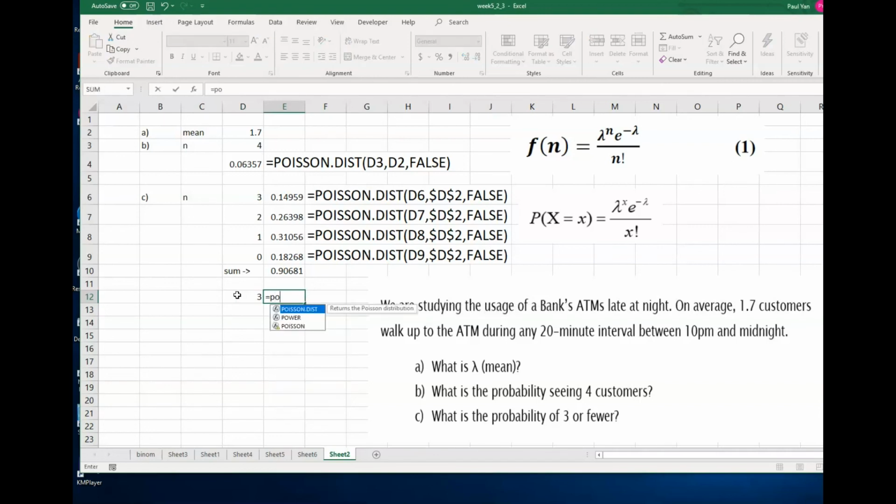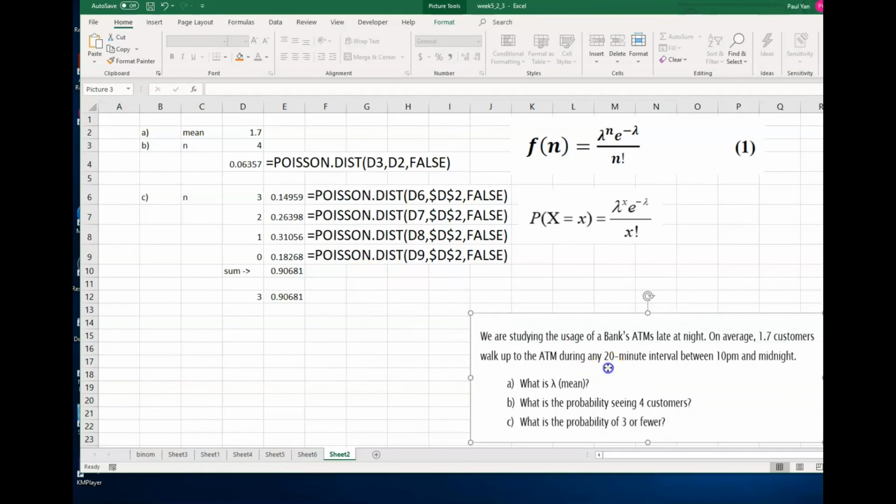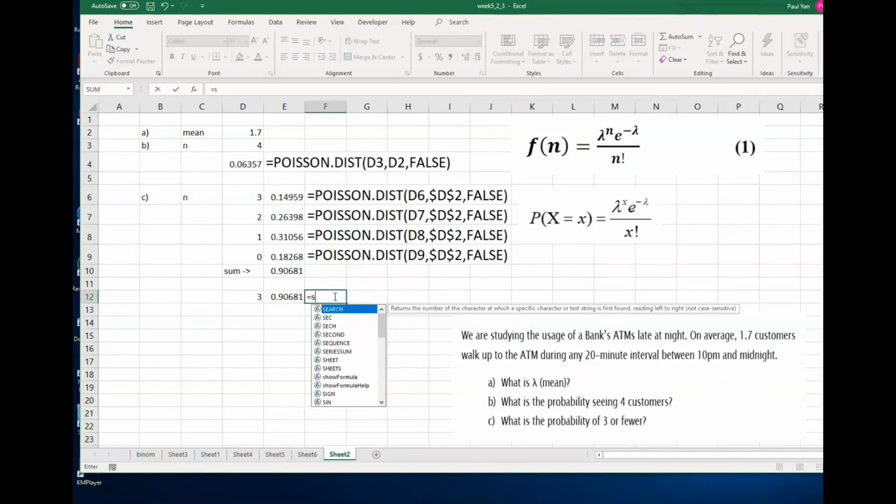This is POISSON.DIST, and this is 3, and this is our mean, 1.7. So let's enter true. True is for cumulative. This is a very, very important concept. I'm going to use show formula.